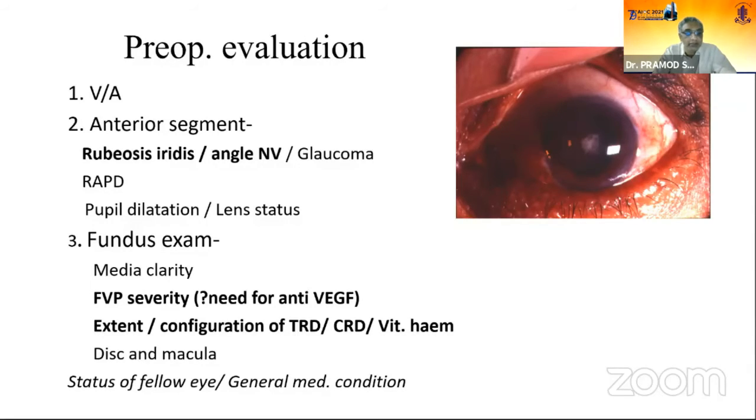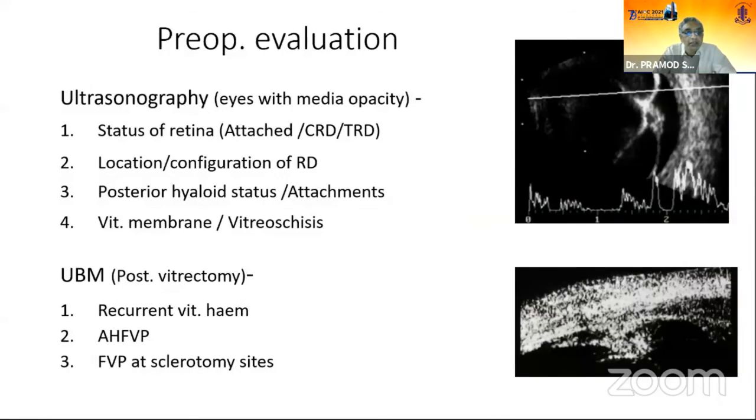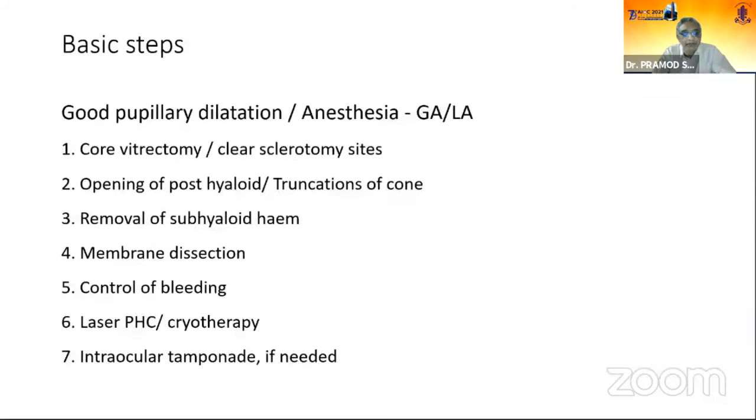And if you have extensive fibrovascular proliferation or rubeosis or angle neovascularization, you probably would like to give anti-VEGF before starting your surgery. Ultrasonography, as usual, is useful in any eye with media opacity, to look for the location and configuration of detachment, vitreous attachments, or vitreous membranes, if any.